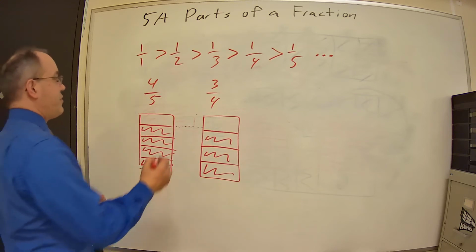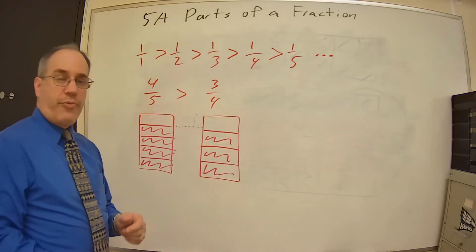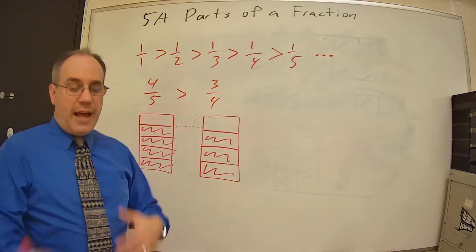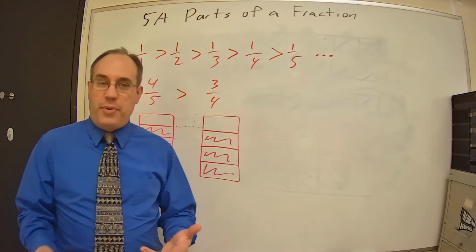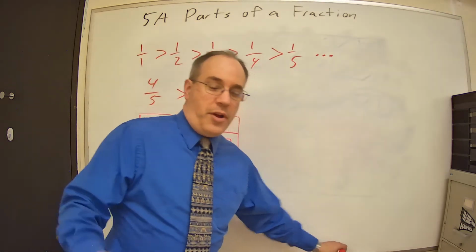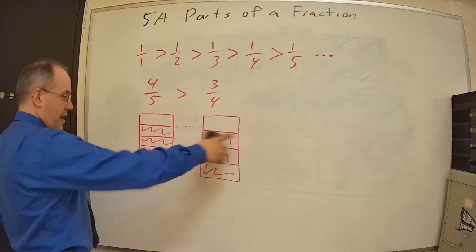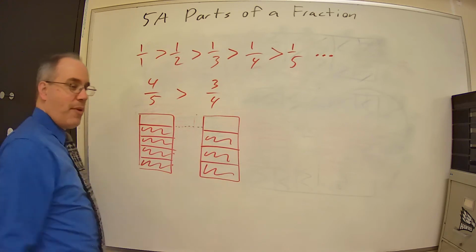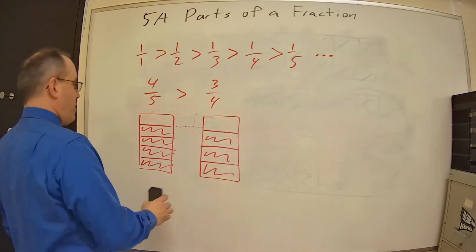So 4/5 is greater than 3/4. Now there are other ways that we can do comparisons with these, and I'll show those to you in another video. But just as one possibility, if you're careful about your drawing of it, you can make this work.